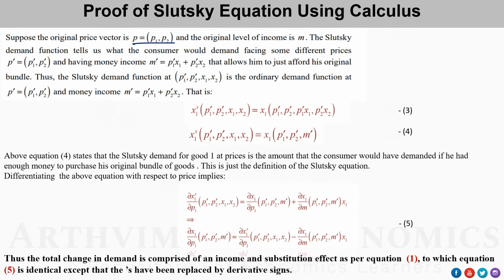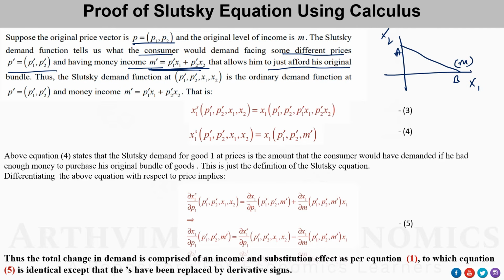These are the two prices associated with the consumption bundles which we had assumed on a budget line like AB, and we are calling the income M. So the Slutsky demand function tells us what the consumer would demand when facing different prices and having money income. We know that our budget constraint is given as the sum of the products of prices and quantities for the commodities. Now this allows the consumer to afford his original bundle.